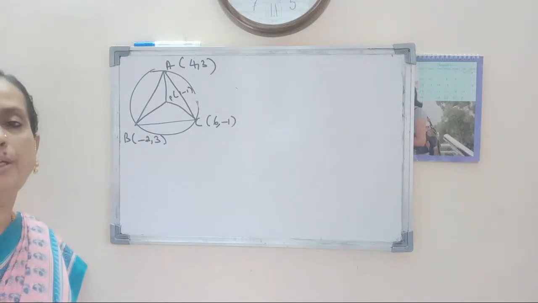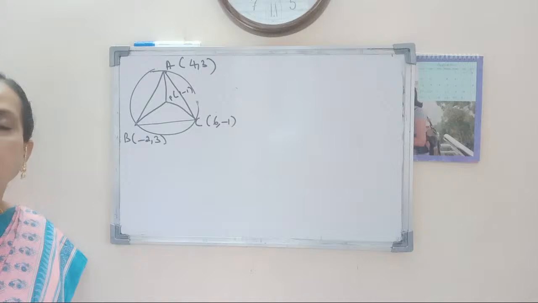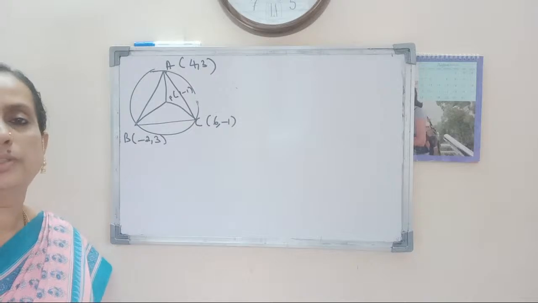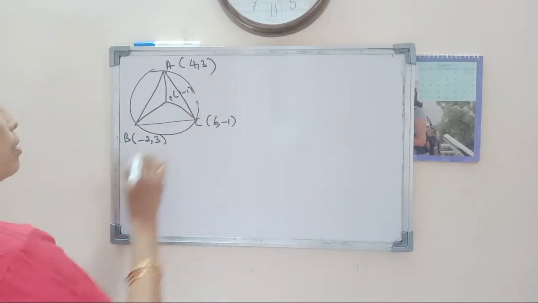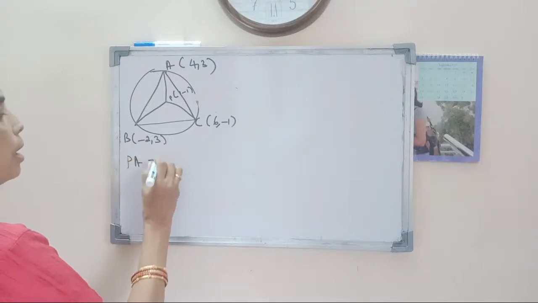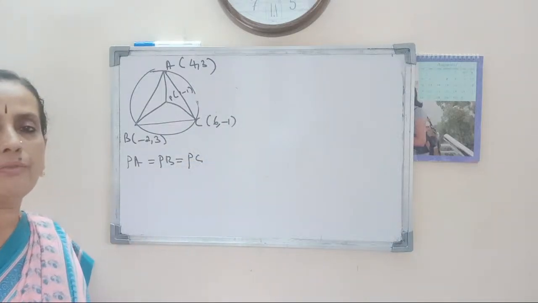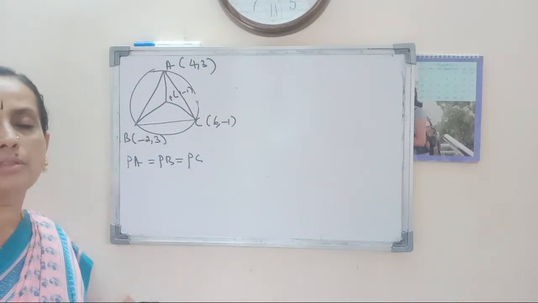How can we check? If point P is the center of the circle, what condition is satisfied? Very good. It should satisfy PA equals PB equals PC. If they are equidistant from the center, then we can say that P is the center of the circle.